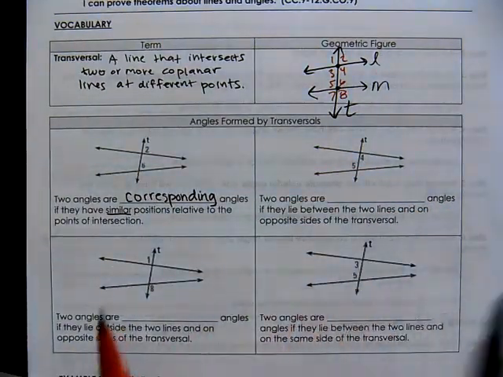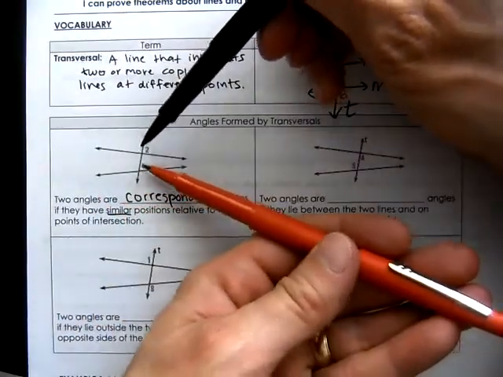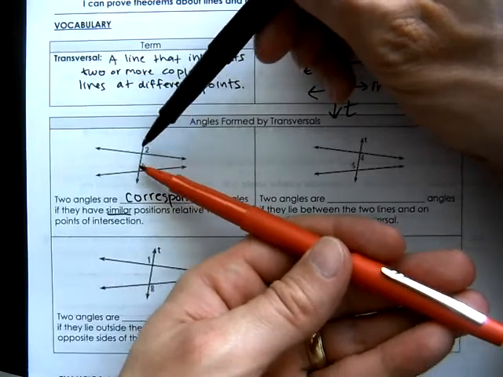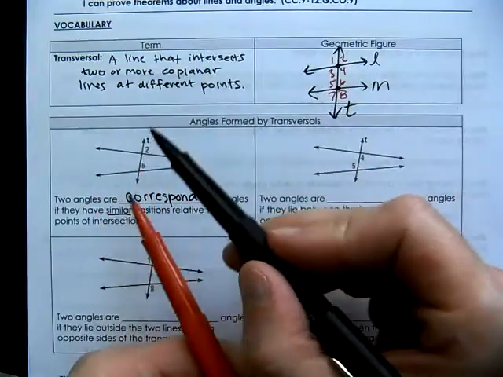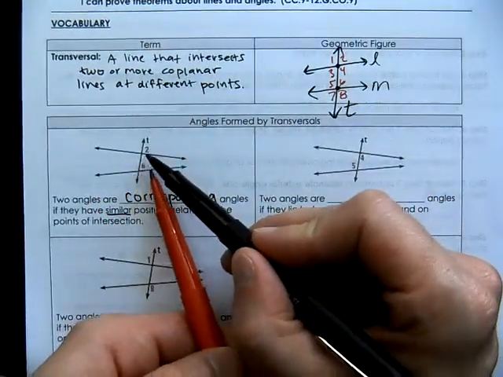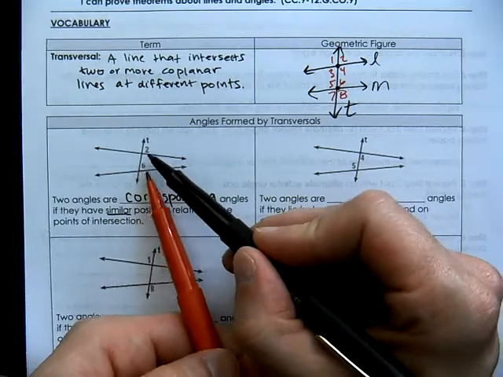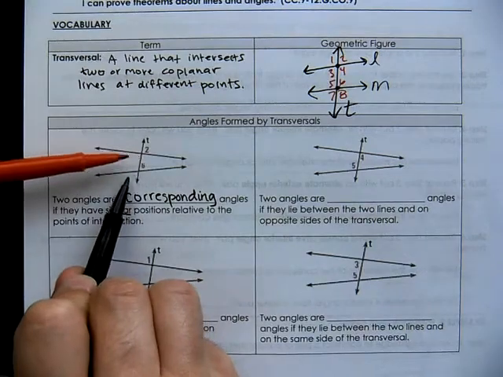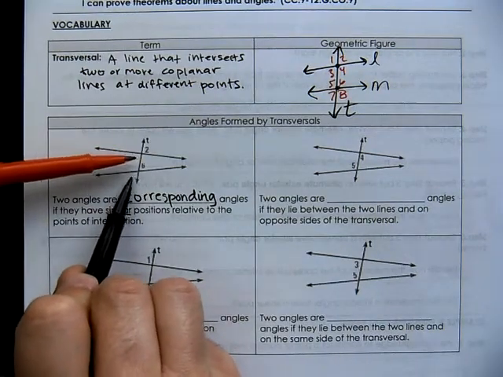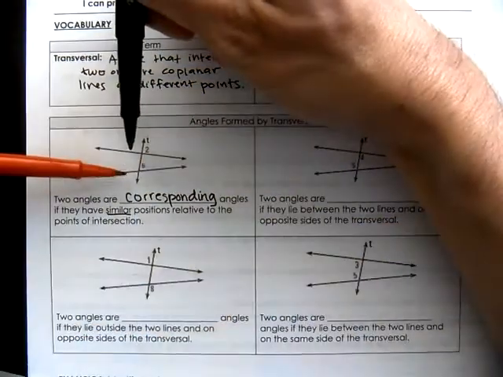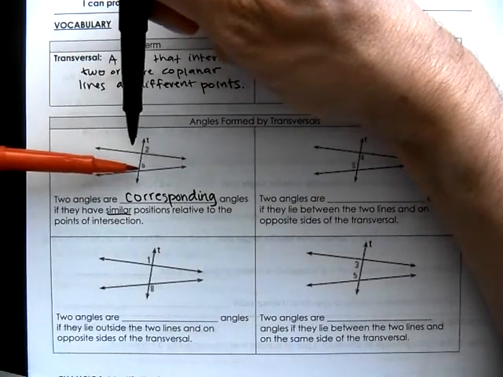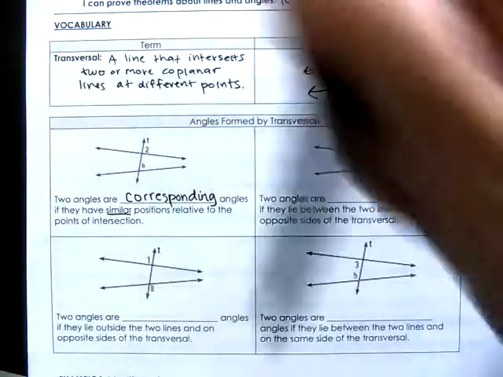So angles 2 and 6 are examples where they have this position of being in the top right corner. Another example of a similar position would be if it was in the bottom right corner relative to that point of intersection. We could also have 2 that are in the bottom left corner relative to that point of intersection. Or we could have the top left corner. So each of those pairs, we get 4 of those combinations are corresponding angles.